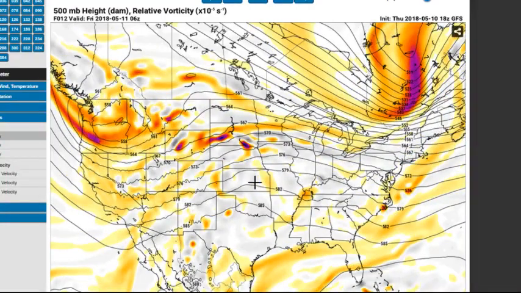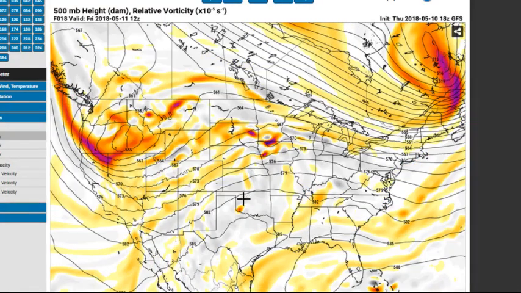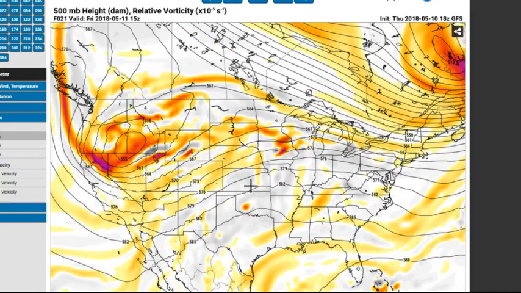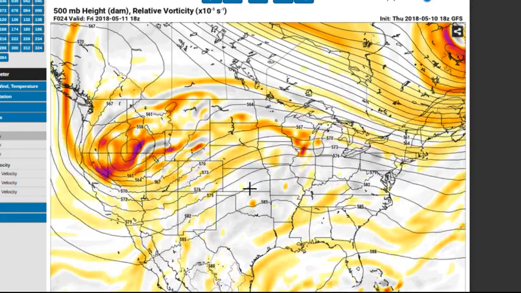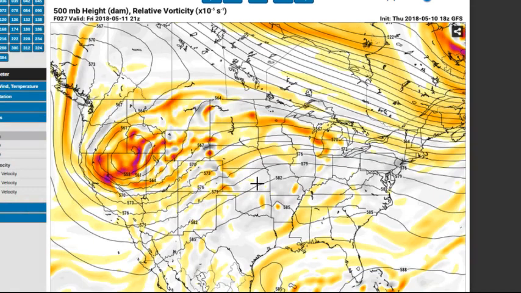Another way you can figure this out is to roll it back and forth. There's 12Z. You can see that at 15Z, Kansas looks pretty white there, so we're looking at low vorticity values. By 21Z, they're kind of low, but it appears there are higher values coming into western Kansas.